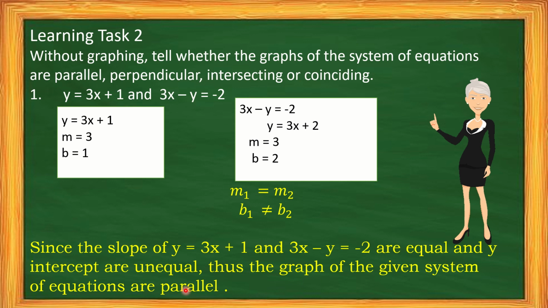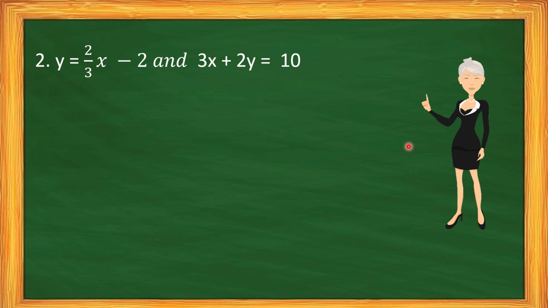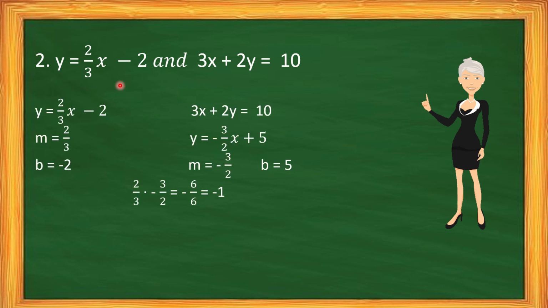Okay, for number 2, y equals 2 thirds x minus 2 and 3x plus 2y equals 10. Again, let us determine the slopes and the y-intercepts. For the first equation, so ang ating slope is 2 thirds. Ang ating y-intercept or b is negative 2.